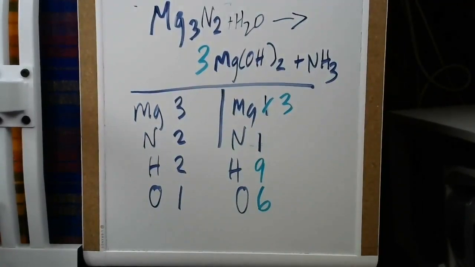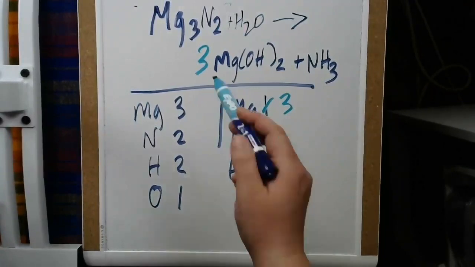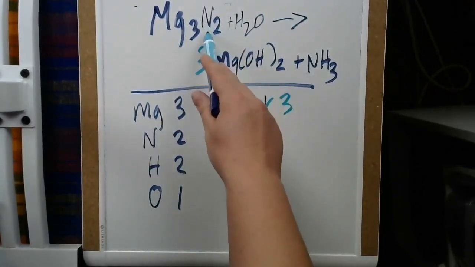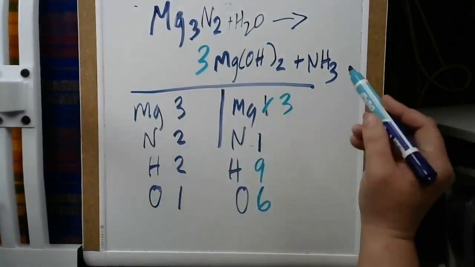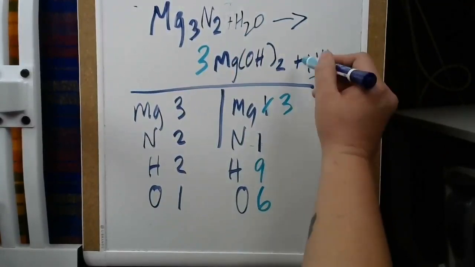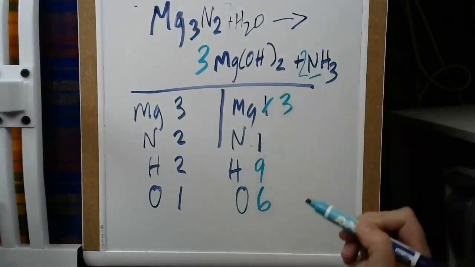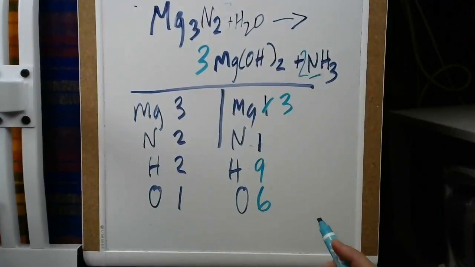Right? So what next? All right, I've got this coefficient of 2, or the subscript of 2 rather, over here next to my magnesium. So why don't I try to balance that out over here? Put a 2 in front of there and see how it changes things.